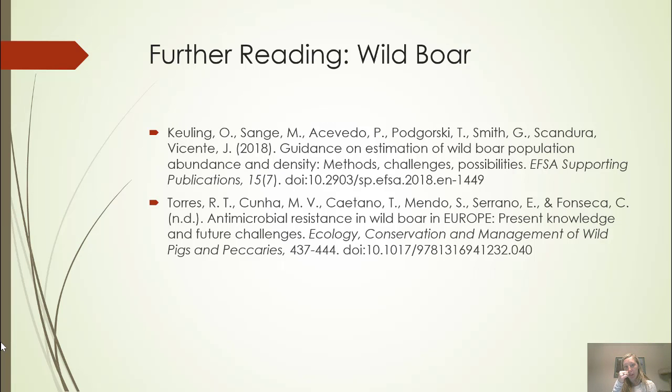So here's a little bit of further reading on the wild boar. This first one is just an estimation of the boar population, a kind of a current look. The study came out a couple years ago, kind of seeing where the wild boar population stands. Another concern with the wild boar is their spread of disease.